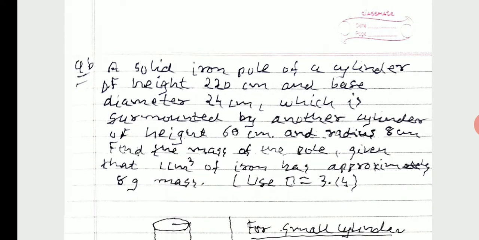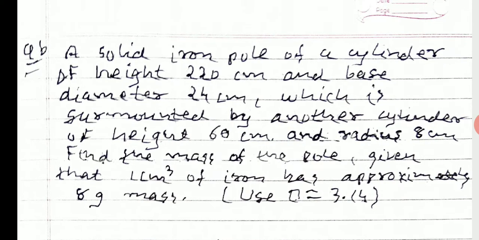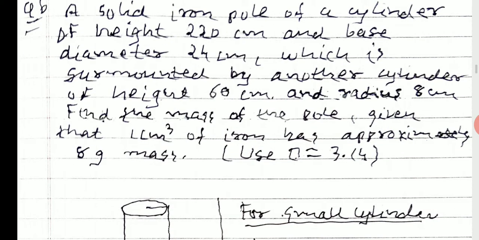Question 8. A solid iron pole of a cylinder of height 220 cm and base diameter 24 cm, which is surmounted by another cylinder of height 60 cm and radius 8 cm. Find the mass of the pole given that 1 cm cube of iron has approximately 8 gram mass.